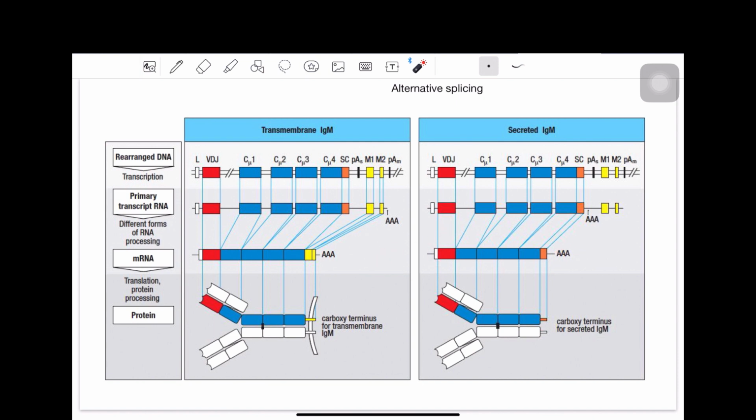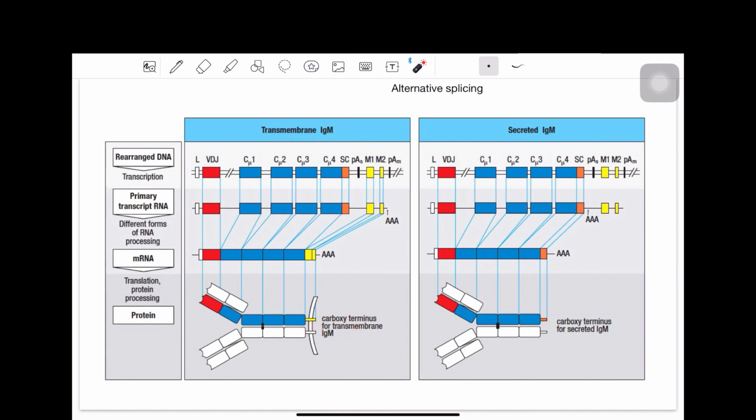Now, what is the benefit of these two sequences? These two sequences help to form the carboxy terminus of the transmembrane IgM, and they code for hydrophobic amino acid residues. So M1 and M2 form this carboxy terminus for the transmembrane IgM.